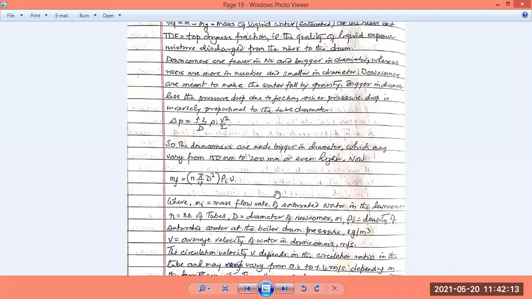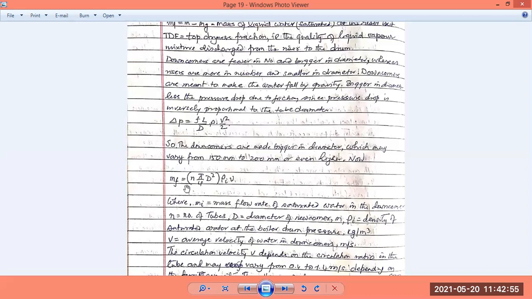Now here MF is the mass flow rate of saturated water in the downcomer, N is the number of tubes, D is the diameter, rho F is the density of the saturated liquid at the boiler drum pressure, and V is the velocity of the water itself.